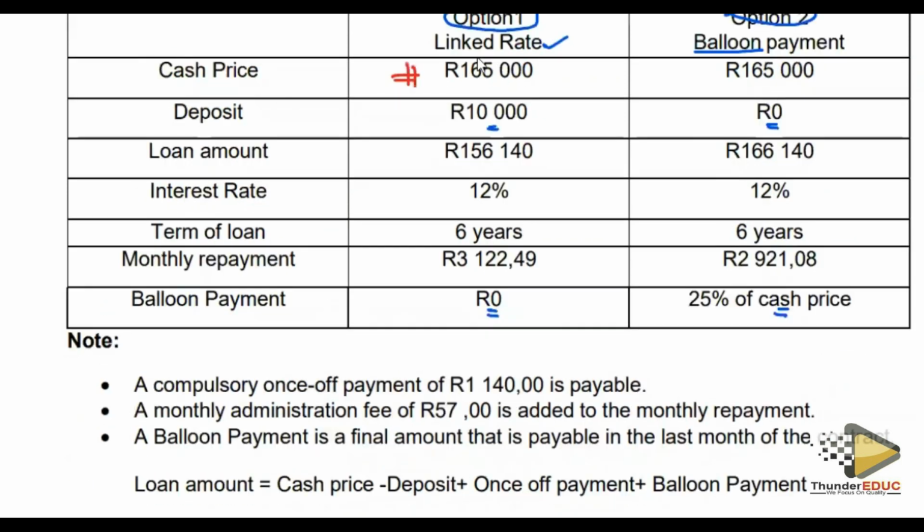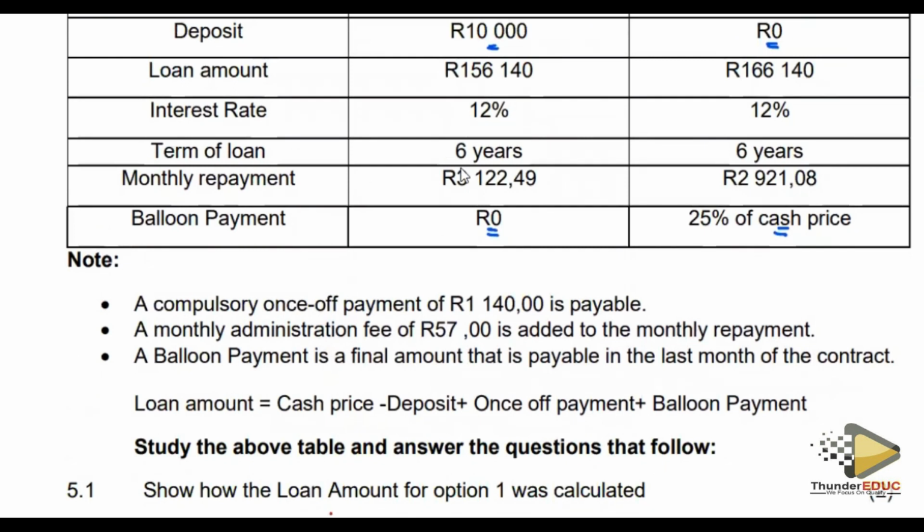So we shall write it down. In the formula we need the cash price, deposit, once-off. So the cash price, we've seen it already as 165,000, minus the deposit, 10,000, plus the once-off payment here, which is 1,000.